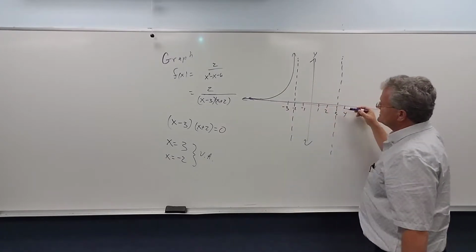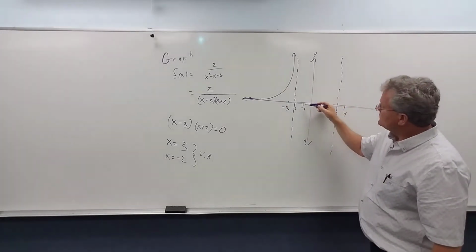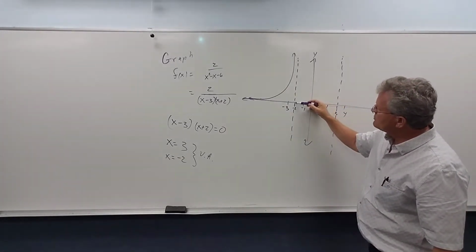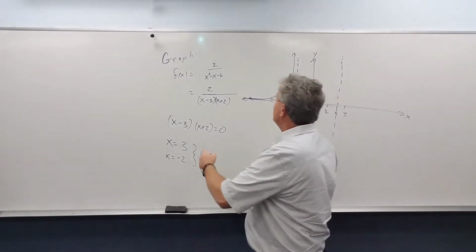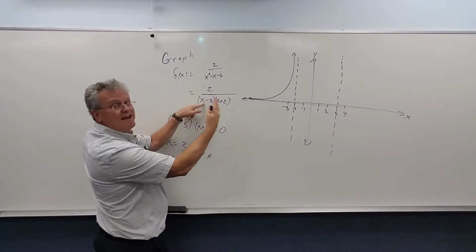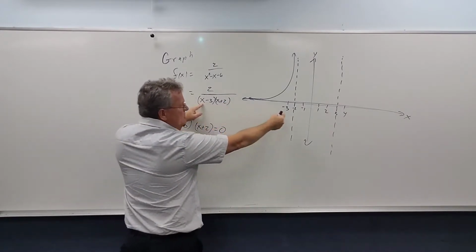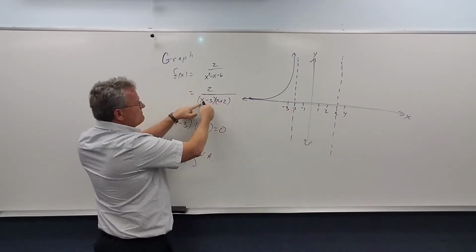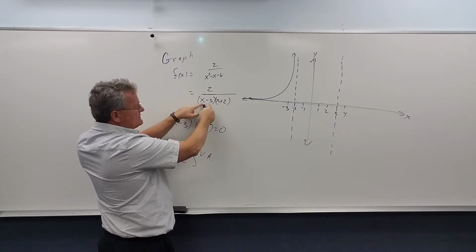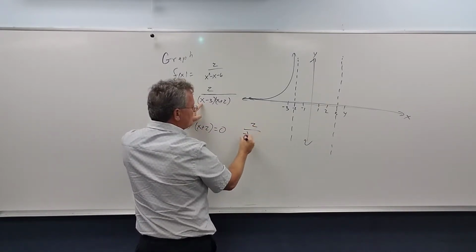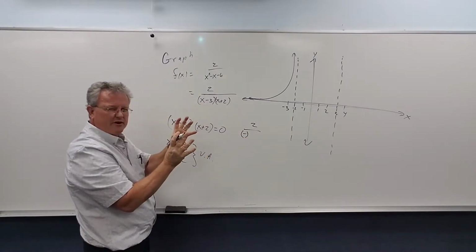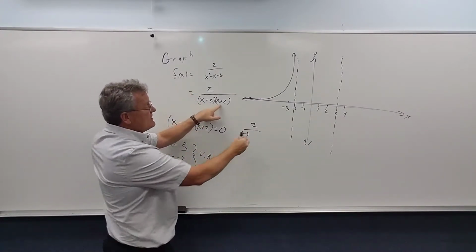What's going to happen as we come in from the right? Negative 1, negative 1.9, negative 1.99. I'm just picking negative 1.9. We're getting closer to negative 2. But negative 1.9 minus 3 is a negative number. I'm not going to worry about the number, just the sign.